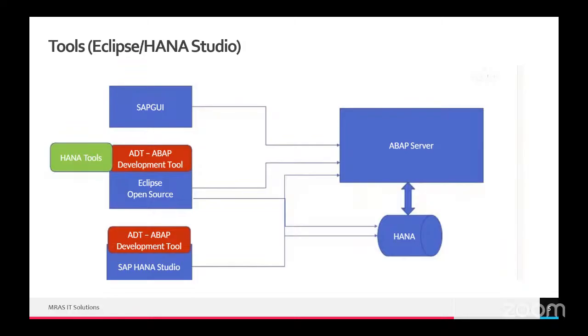So that is the in-memory database, which is enhancing the performance of the system. For that, we will need Eclipse, in which we will have the HANA tools. For that, we will have the Eclipse ADT, which we will be installing. And another option is HANA Studio. You can prefer either one. And from SAP GUI, we will have the database access to those systems, and we can develop our applications.